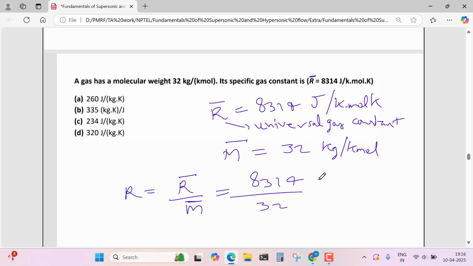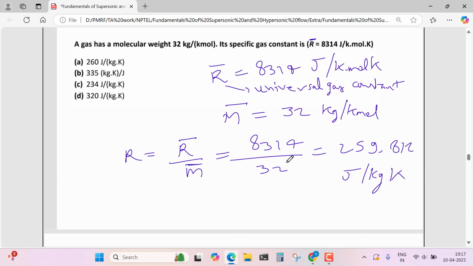So if you divide it in the calculator, you will get 259.812 joule per kg Kelvin, which is approximately equal to 260 joule per kg Kelvin. So option A is the correct option.